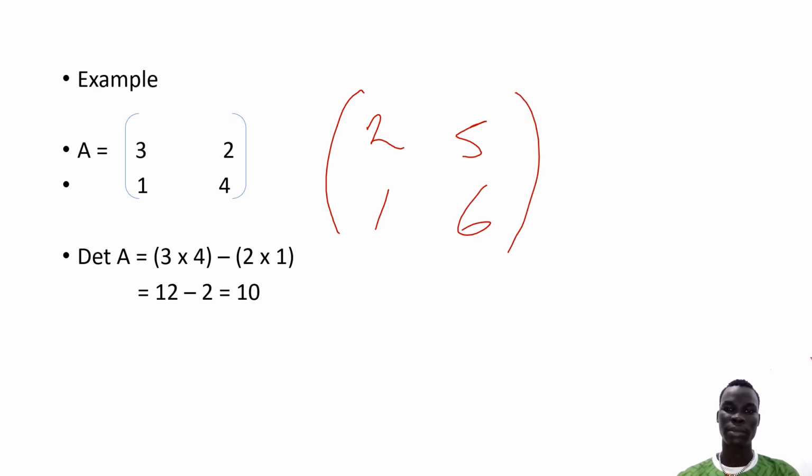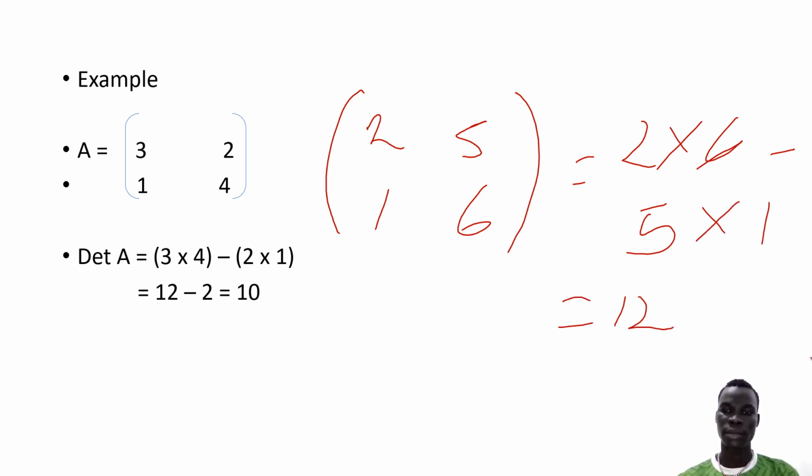Then our determinant will be equal to 2 times 6 minus 5 times 1. Then it's going to be 12 minus 5, which is 7. So this is how we do the 2 by 2 matrix.